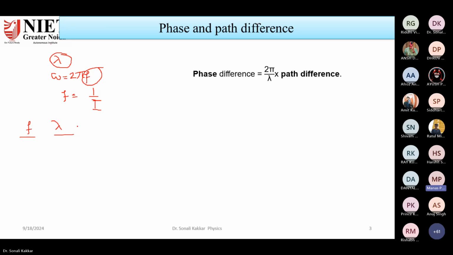One by one, एक जन बोलो. v is equal to f lambda. What is v?